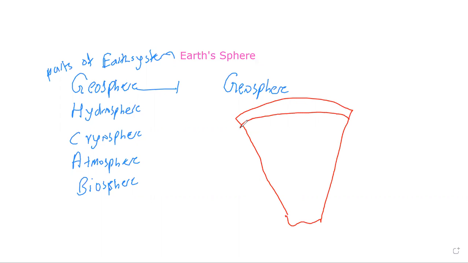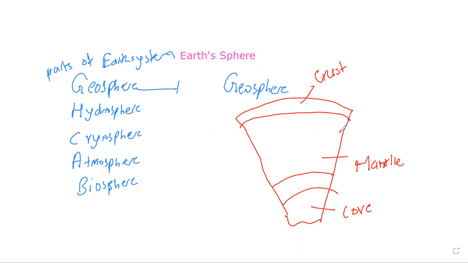And what are the layers, which include the crust, the mantle, and the core? Crust, excellent. Mantle is the widest one, and the outer and inner core.